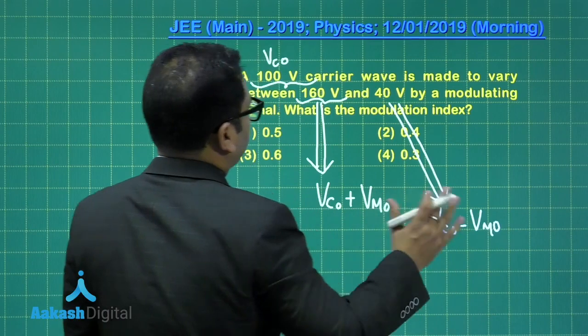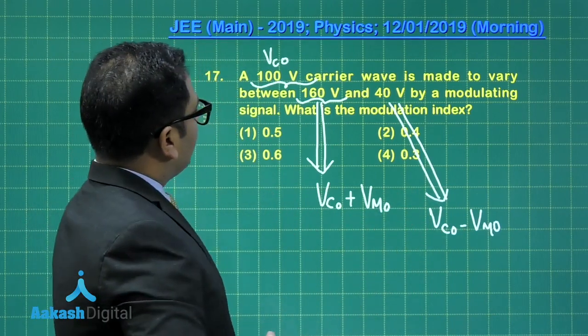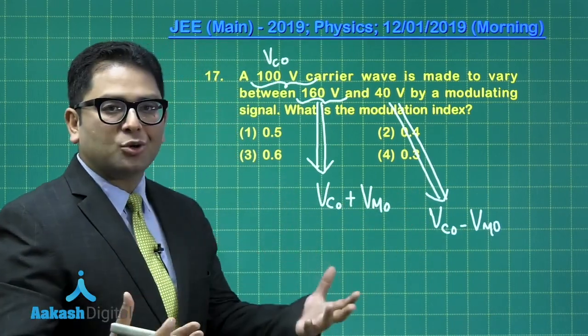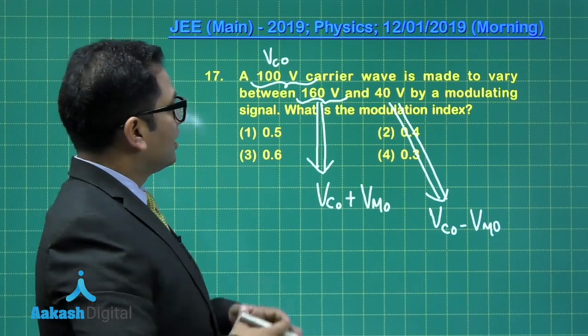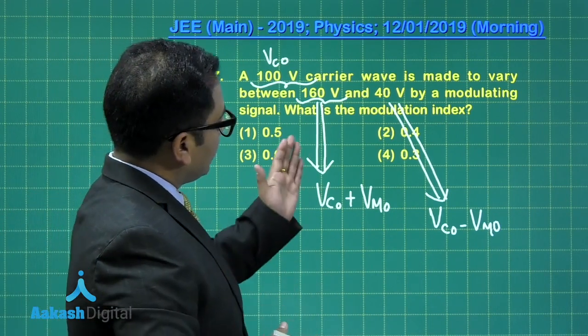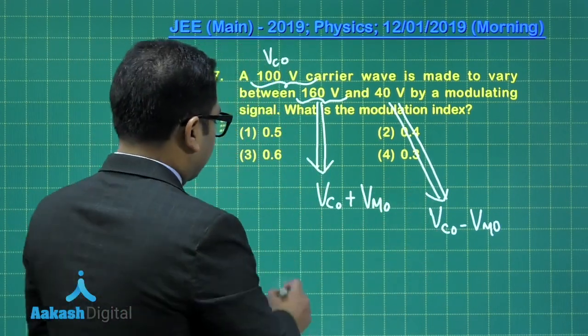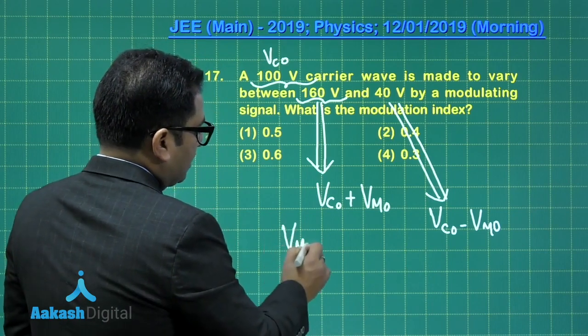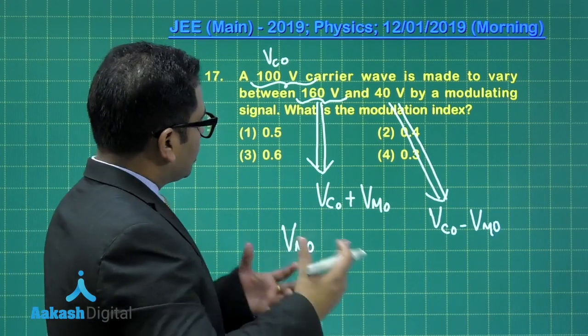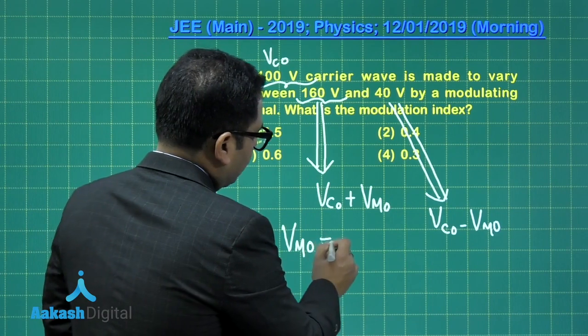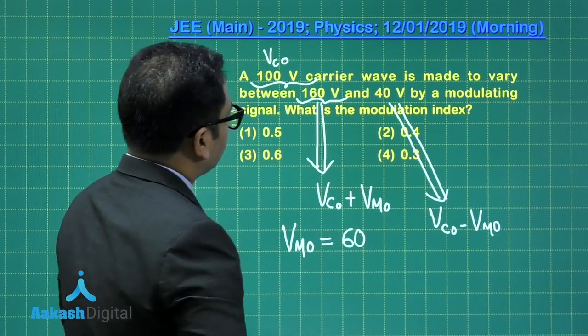That's very straightforward. Now, VCO, the peak value of the carrier voltage, is 100 volt, which is given. Either from this or this, you can calculate the peak value of the modulating signal, which would of course be 60.